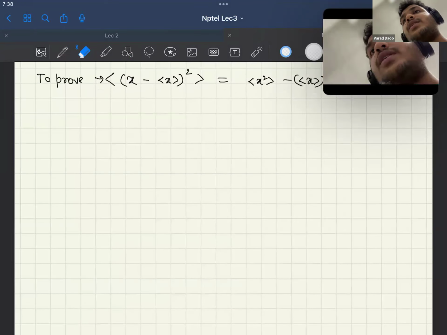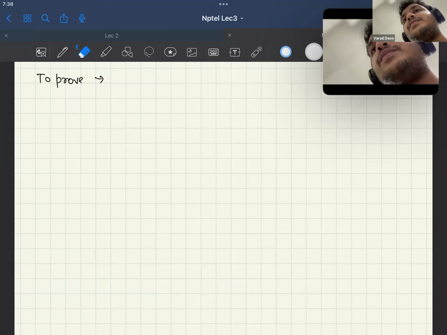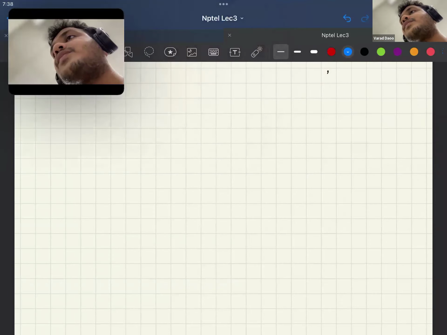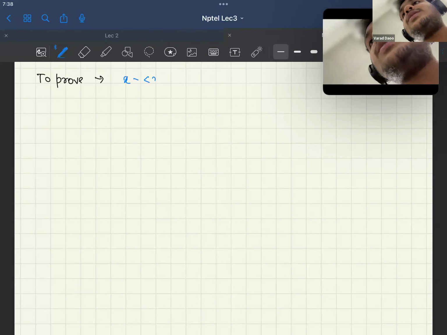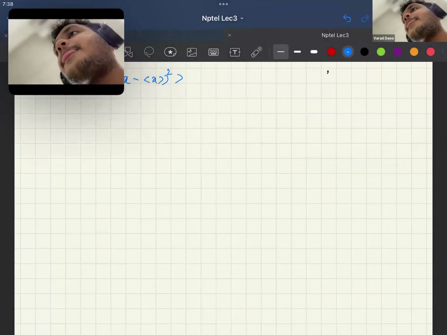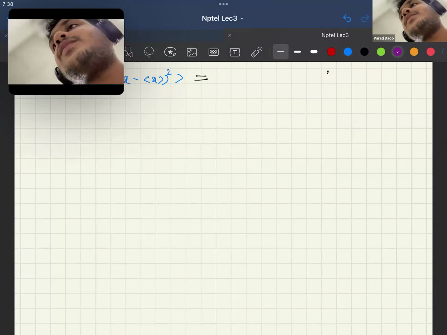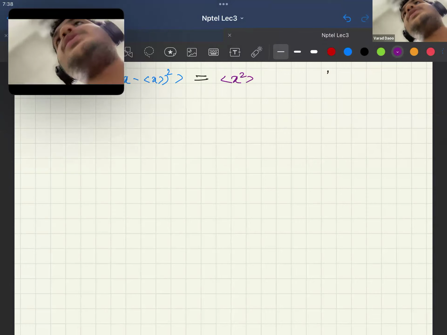I will use a different color for these two things: blue for the LHS, which is the average of (x minus average of x) squared, and then equals, in this color, the average of x squared minus the square of the average of x.